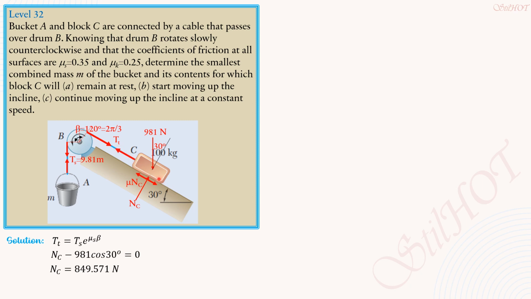So summation of forces tangential equals 0: T sub t plus 0.35, the coefficient of static friction because this remains at rest, times 849.571, then minus the component of 981 in that direction, 981 sine 30, equals 0.